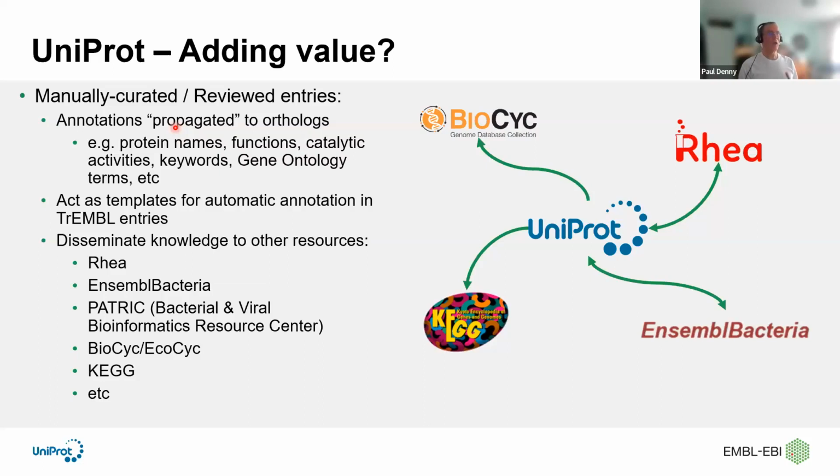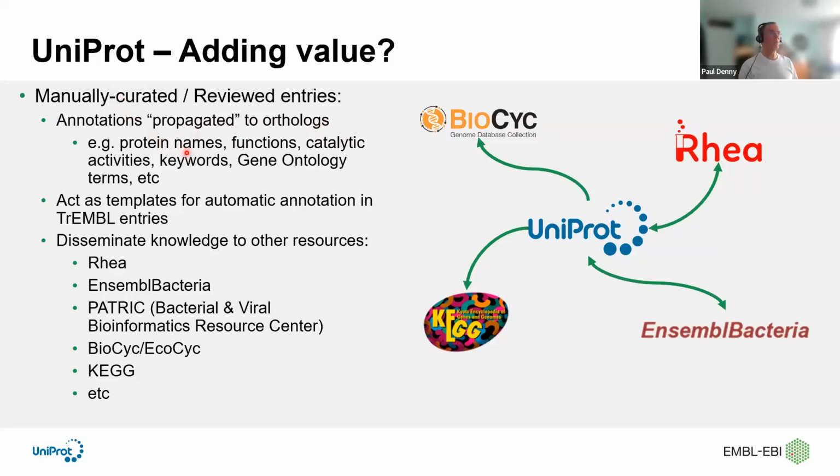Essentially, what it means is we make an evolutionary assumption that orthologs from closely related organisms are likely to have the same functions or very similar functions to those that we've demonstrated from experimental evidence from the literature. So we take annotations from those manually curated entries and propagate them to the orthologs.